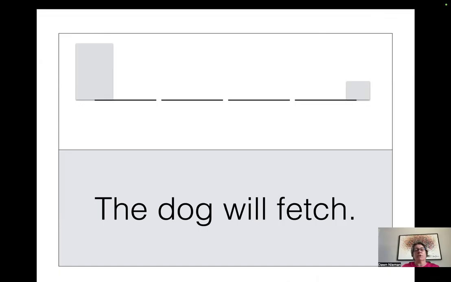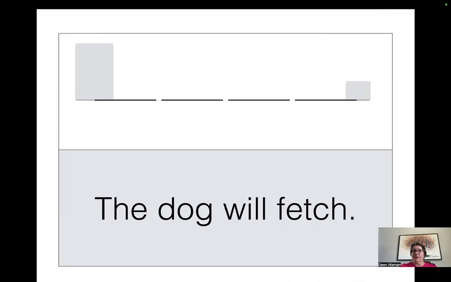Do you have the words organized in the right order? The dog will fetch. Is that what you have written? Great, check. Okay, do you have a punctuation mark? Fantastic. Why did you pick a period and not a question mark? Now check your spelling. Are there any words that you think you misspelled? Okay, let's take a look at them. And then I'll look at it to see if they really do have everything spelled correctly.